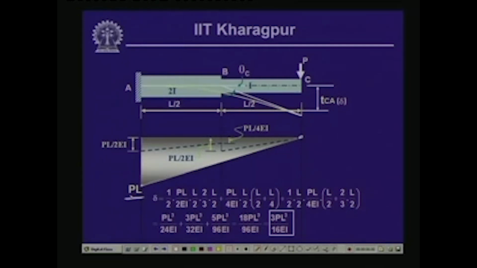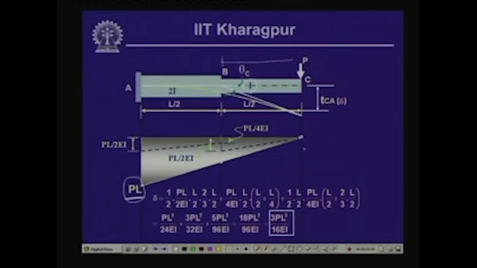Now, when we like to employ the area moment theorem, what we are interested in is to evaluate the M by EI diagram, and as we know, the M by EI diagram is nothing but the bending moment diagram divided by the EI value at each ordinate. Now, if you look into this particular part, B to C, the moment of inertia is I. Hence, we divide each ordinate of the bending moment diagram of this part.